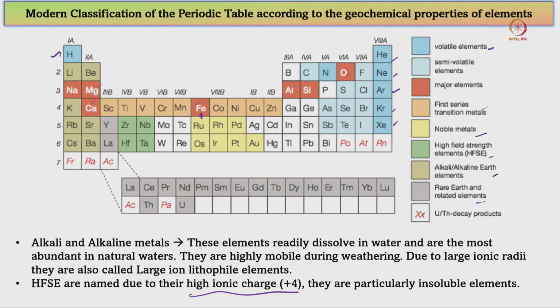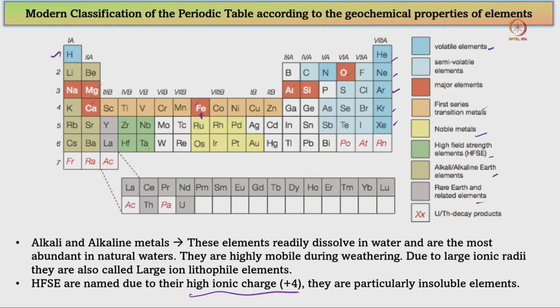So, the lanthanum series and the actinium series. These elements are again called the rare earth elements, because they are found in very trace amounts in water.